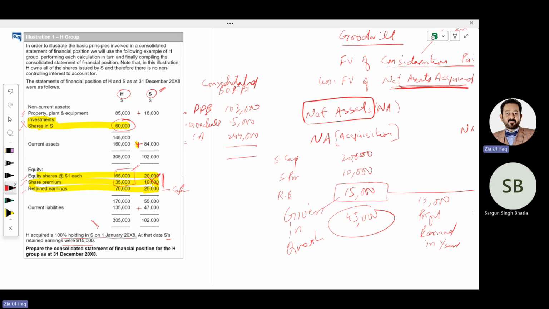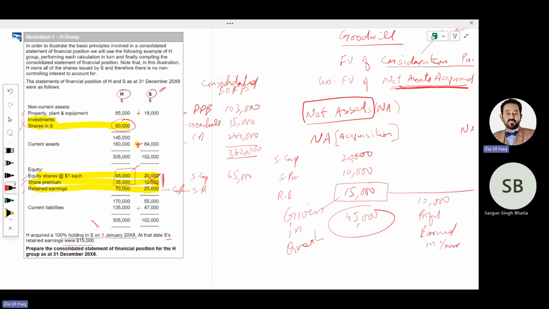How much is that? 103 plus 15 is 118, and 118 plus 244. What will be the total? 362,000. And then share capital, we need to record only for the parent company, that is 65,000.